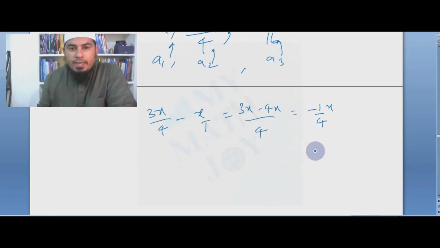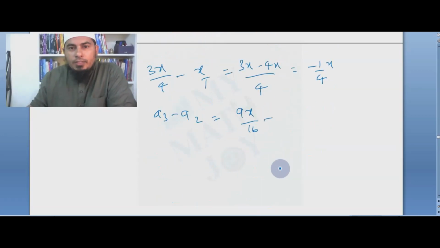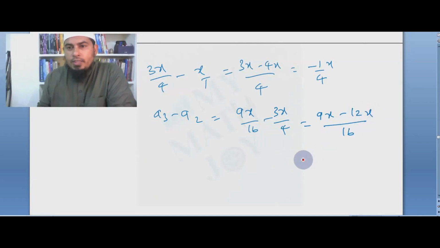So now let us check for A3 minus A2: you'll get 9x over 16 minus 3x by 4. If you do simplification, it will be 9x minus 12x, that is minus 3x over 16.